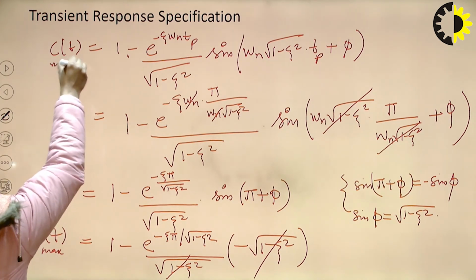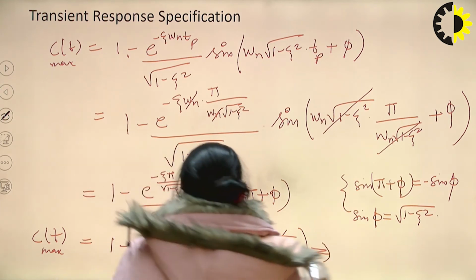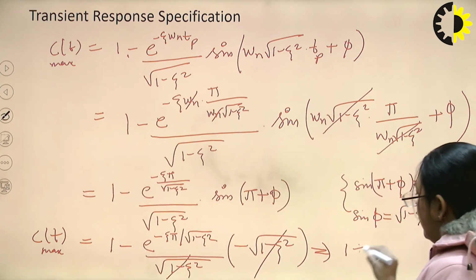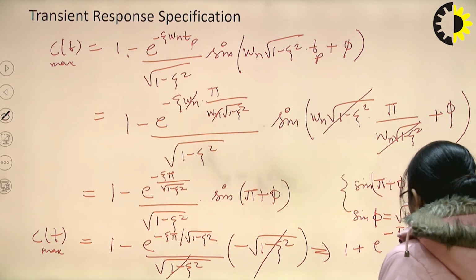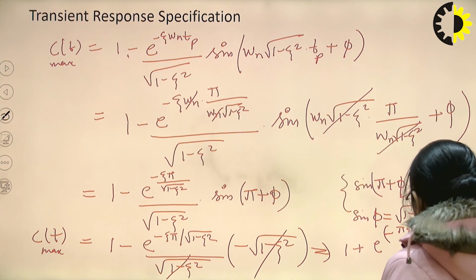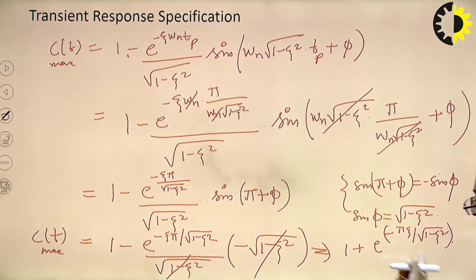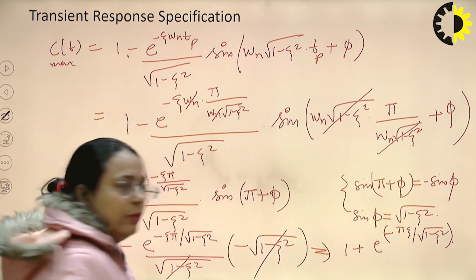So finally, this will become 1 plus e raised to the power minus pi zeta upon under root 1 minus zeta square. Am I right? Yes, this will become this. Now we have this value as the value of the CT max.